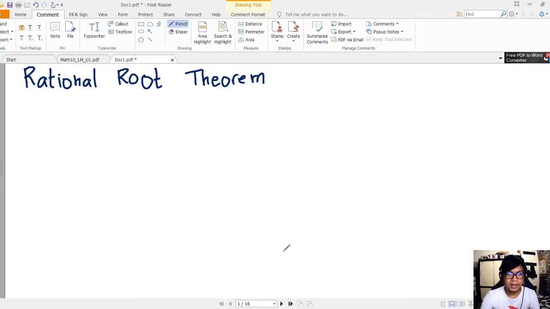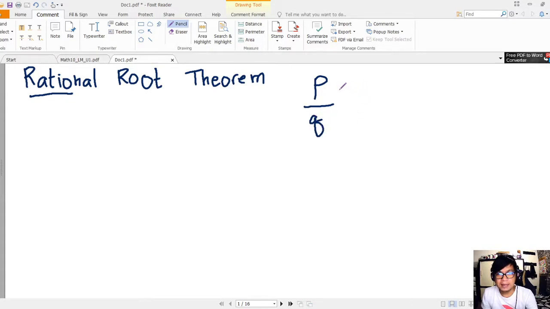So from the word ratio. In the rational root theorem, we will deal with the ratio P over Q. So ano ba yung P over Q?